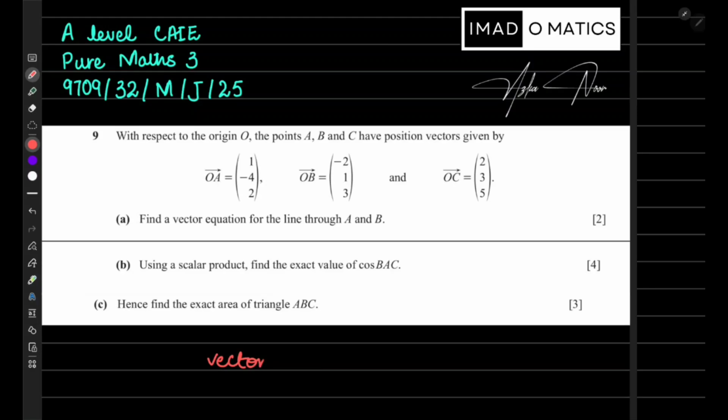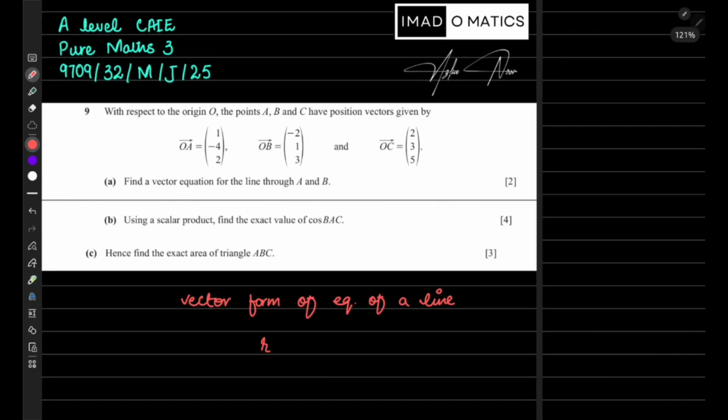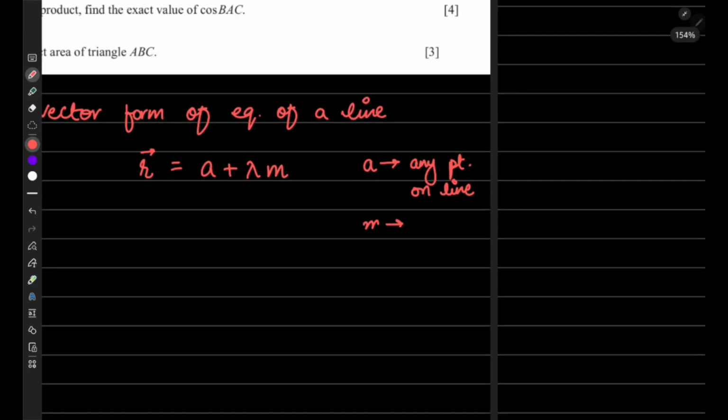So the vector form of the equation of a line is given by r equals a plus lambda m, where a represents any point that lies on your line, and m represents your direction vector. a is any point on the line, and m is the direction vector.